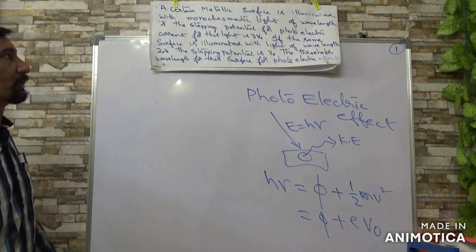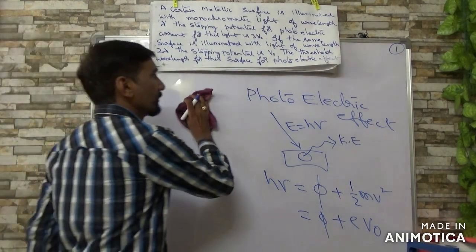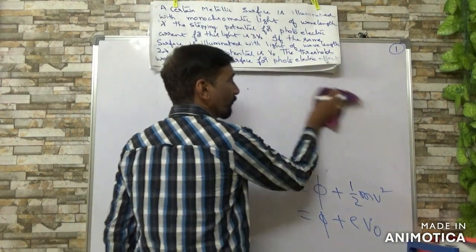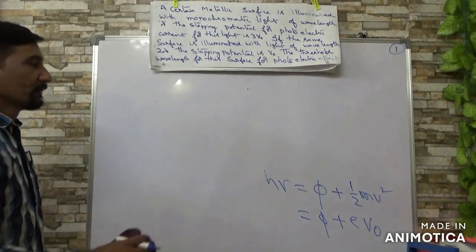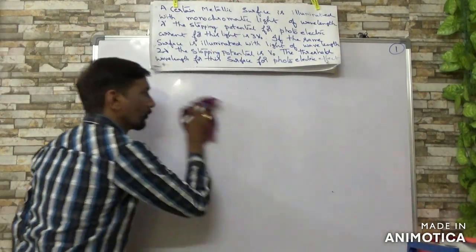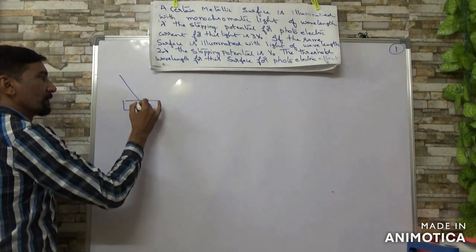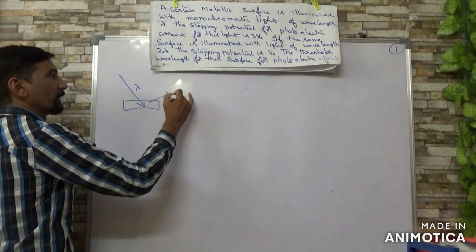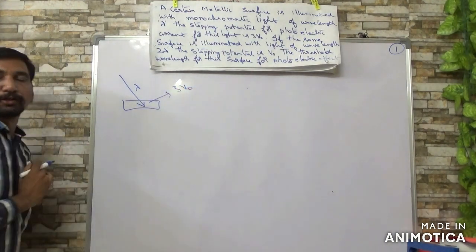So what is your given question? There is one metal plate, and this metal plate is illuminated by light of wavelength lambda. In the first case, the stopping potential is 3V naught.